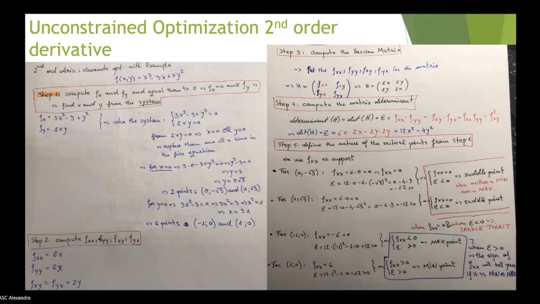The unconstrained optimization for the second order derivative. I had to write them by hand because it's very hard by computer to do so. But I'll go step by step with the pictures. So I used an example along with everything.